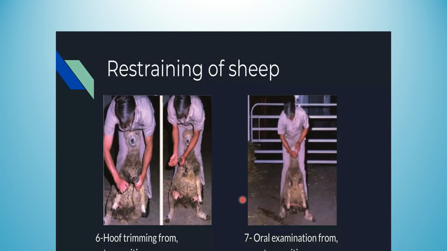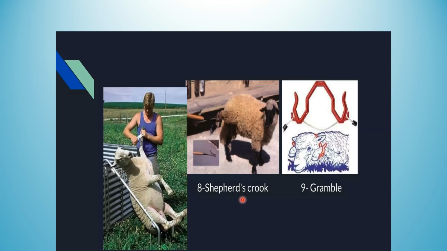Then restraining the sheep for hoof trimming, etc., can be done, and also for oral examination and different types of procedures to be conducted on the sheep. It is also called the eight shepherd's crook.